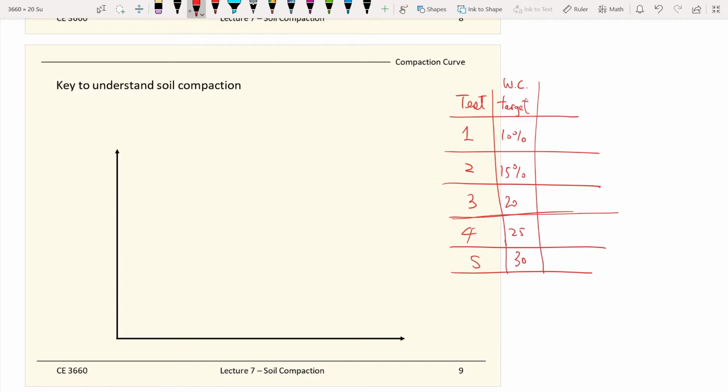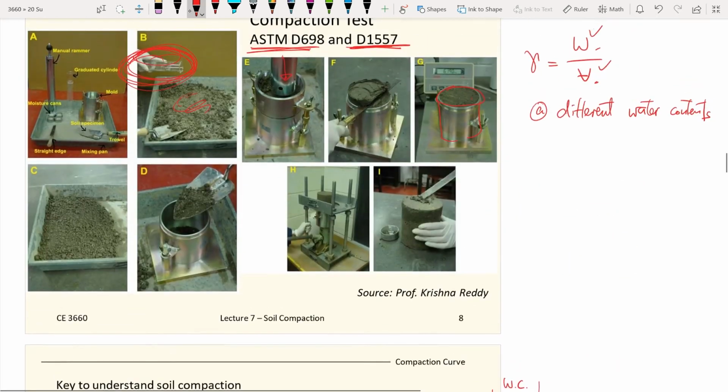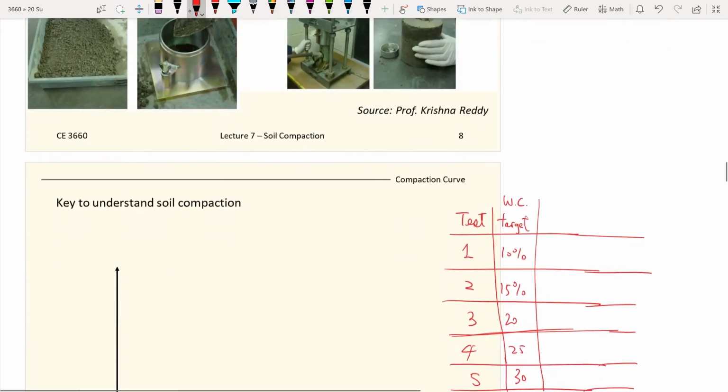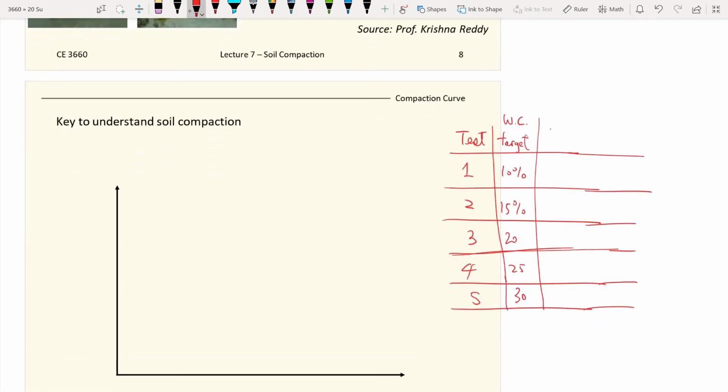After you mix the soils and do all the compaction tests, you go through all the steps, then you can measure the weight of it. So you know the weight, you know the volume. Then for each test, you can find out the total unit weight corresponding to each test.